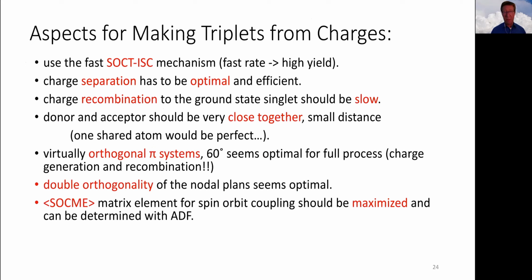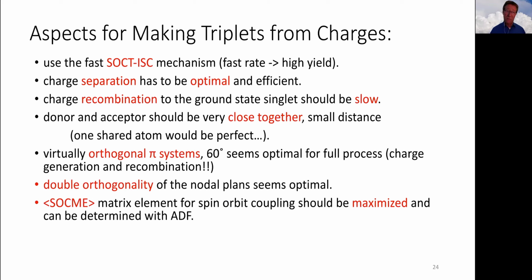So summarizing, if we want to make triplets from charges, for instance, for photodynamic therapy, then you have better chances to get an efficient system if you focus on the spin-orbit charge transfer intersystem crossing mechanism, because that in principle allows faster rates if you can optimize this matrix element and it's high.